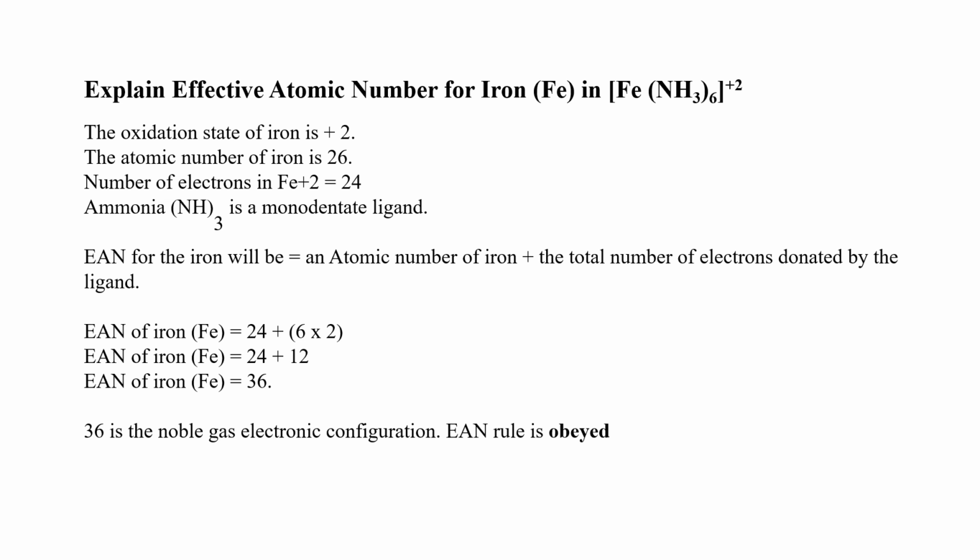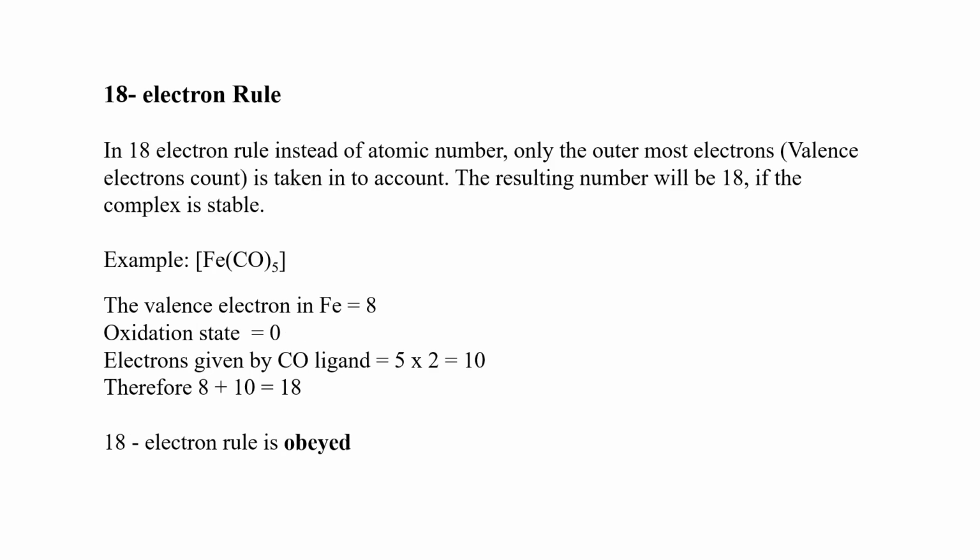The number of electrons donated by 6 ligands is 12. So 24 plus 12 is 36. So 36 is the effective atomic number of iron, and this complex also obeys the effective atomic number rule, right?